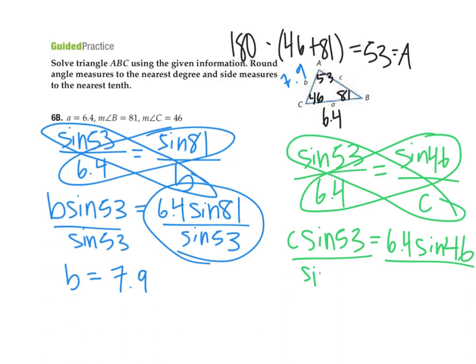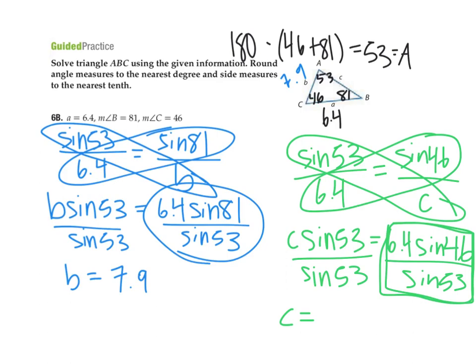Then we can divide both sides by the sine of 53. And in my calculator, I'm going to type in what I'm circling right now on the screen, which is 6.4 times the sine of 46 divided by the sine of 53. And when I round my answer to the nearest tenth, it's going to be 5.8. So C is 5.8.